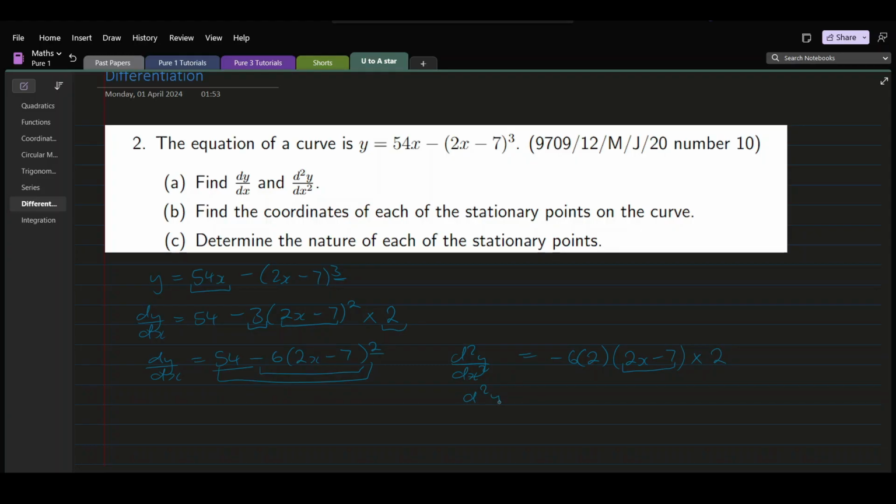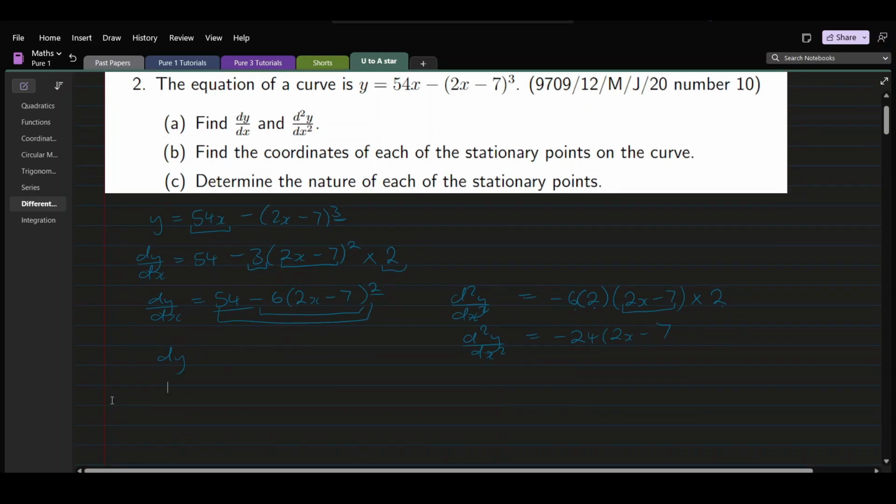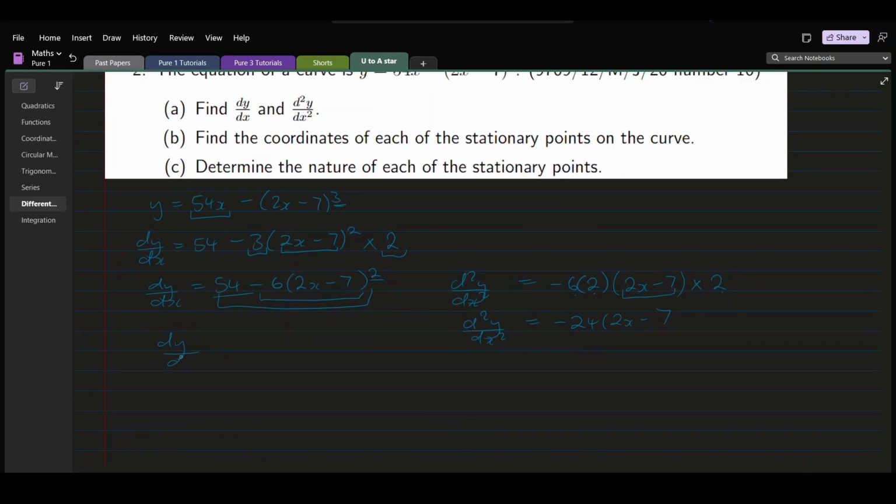So d squared y/dx squared is equal to negative 6 times 2, that's negative 12, times 2, negative 24, times (2x minus 7). So we can conclude that dy/dx is equal to 54 minus 6 times (2x minus 7) to the power 2, and our second derivative is negative 24 times (2x minus 7).